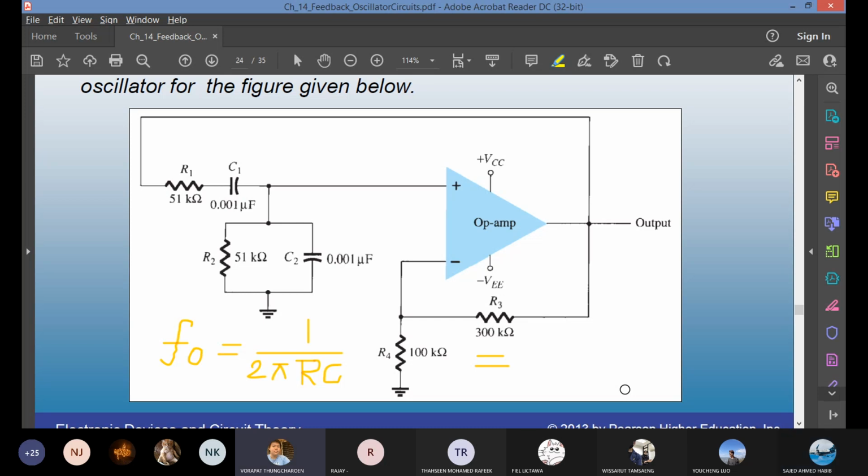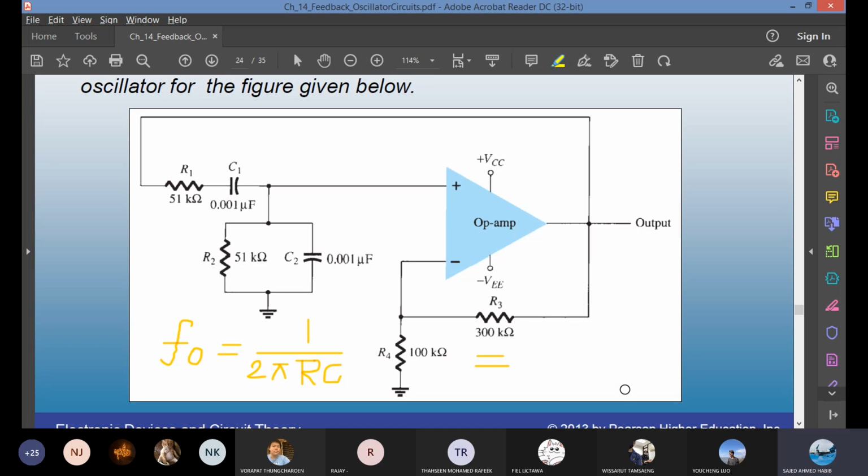I got 3,125 hertz. 3,125 hertz, yes. Okay, let me check. I'm doing the calculation. 51,000 and 0.001 microfarad, okay, it's a micro, multiplied by pi multiplied by 2.